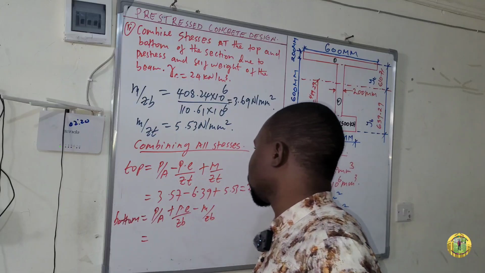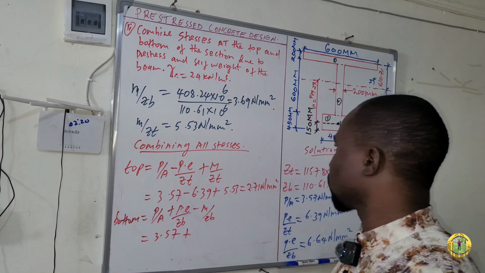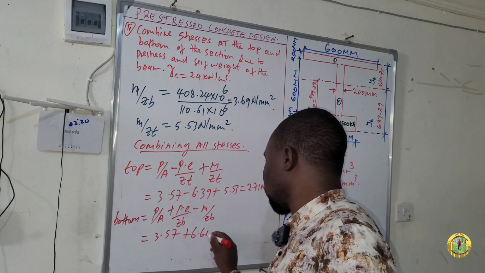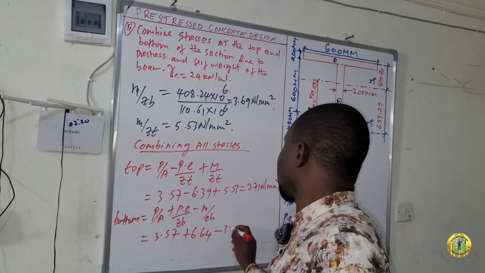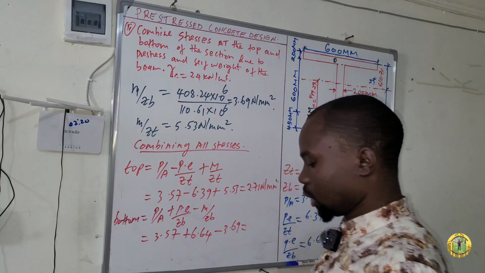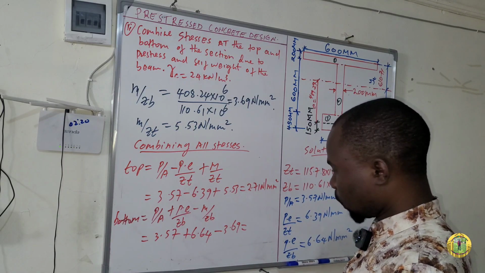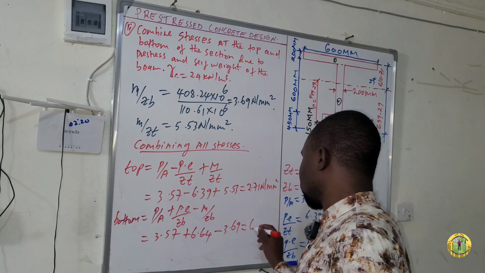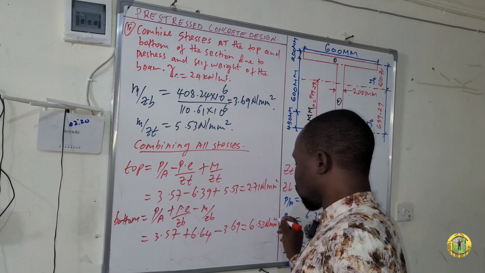So this is equal to 3.57 plus 6.64 minus 3.69. So the answer is 6.52 Newton per millimeter square.